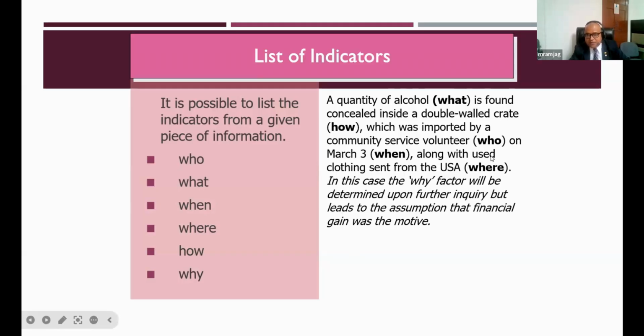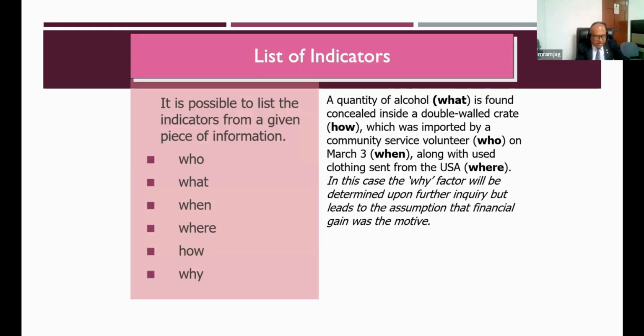But in this scenario, who is the low risk person? On March, when? On March, along with used clothing sent from USA. Where was the goods coming from? USA. In this case, the why factor will be determined upon further inquiry, but it leads to the assumption that financial gain was the motive. What was the motive of this volunteer?